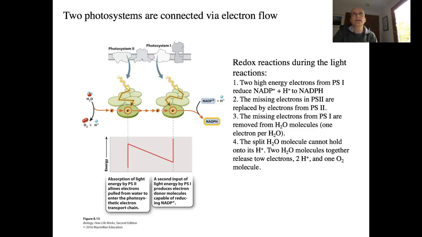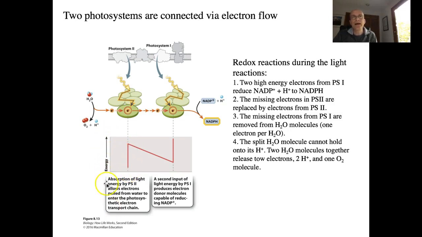So now let's look at this in a little bit more of an overview way. We now have two photosystems next to each other. Right before, I showed you one photosystem, and I showed you that the electron was either gained or lost. Now what I'm saying is that this electron, when it absorbs energy, can gain energy, and so it goes up in this energy scheme here.